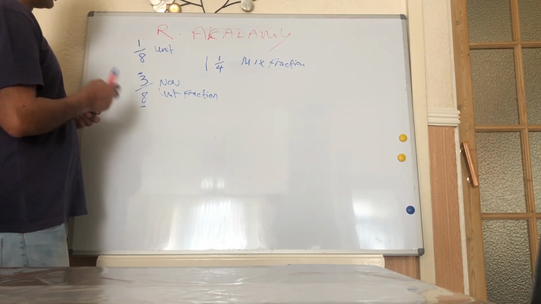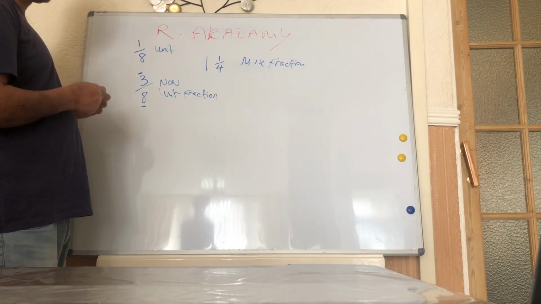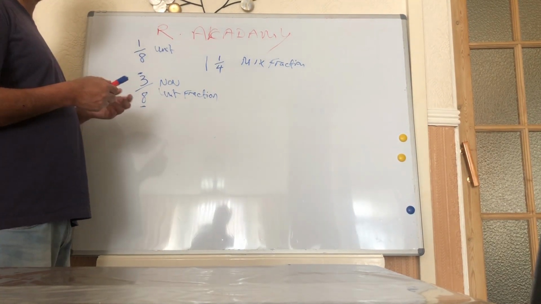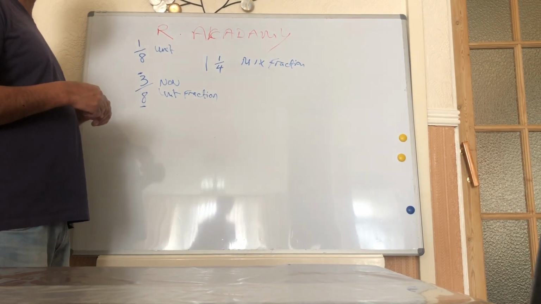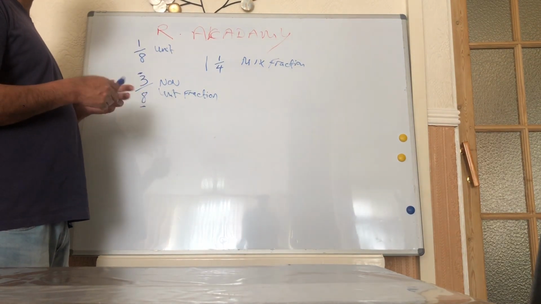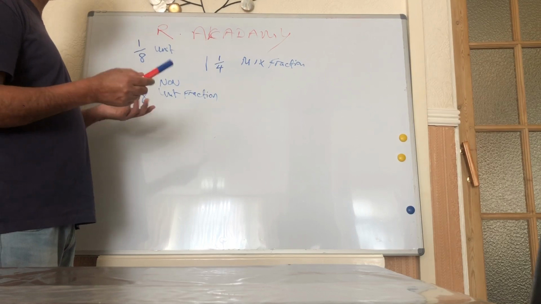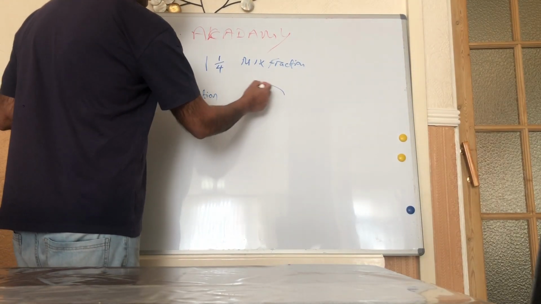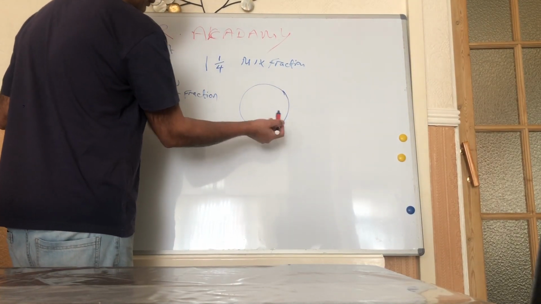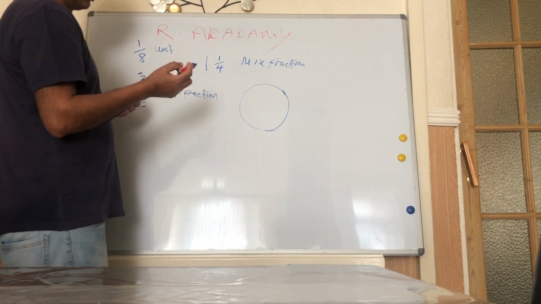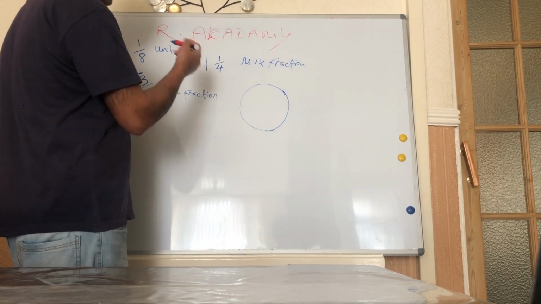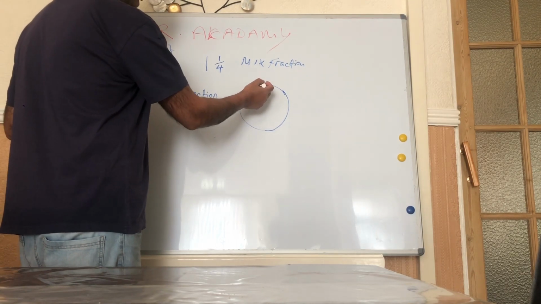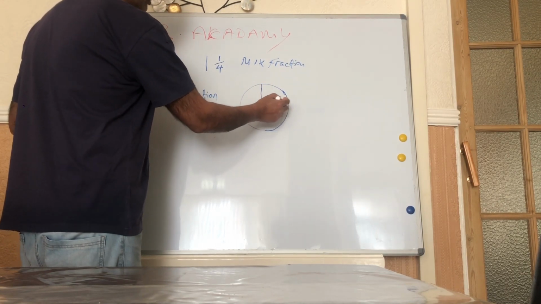So before we get into how to add fractions, let me explain to you what a fraction is. A fraction is basically a part of a whole. So if you look at, say, a pie or a pizza, that would be the whole, and then a part, which is a fraction, would be, say, a quarter.